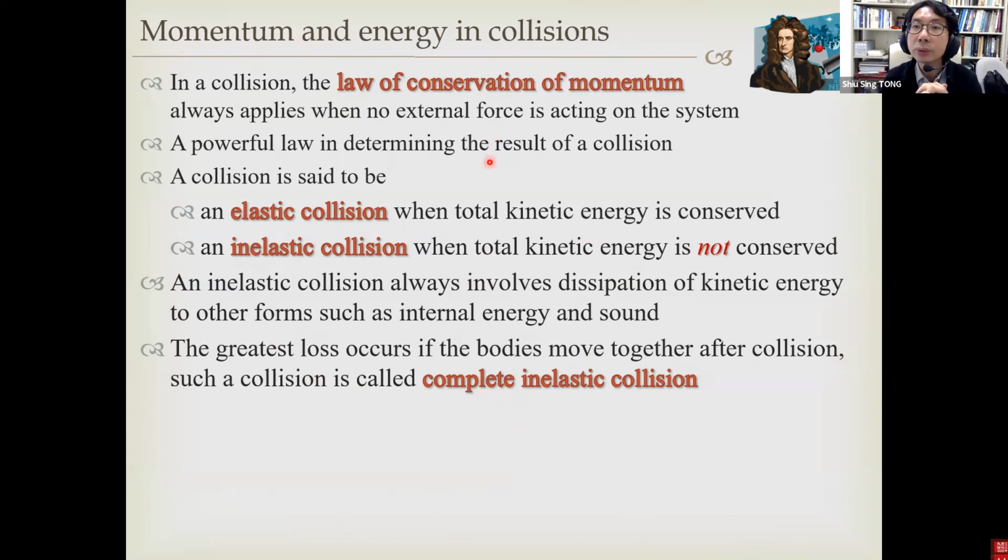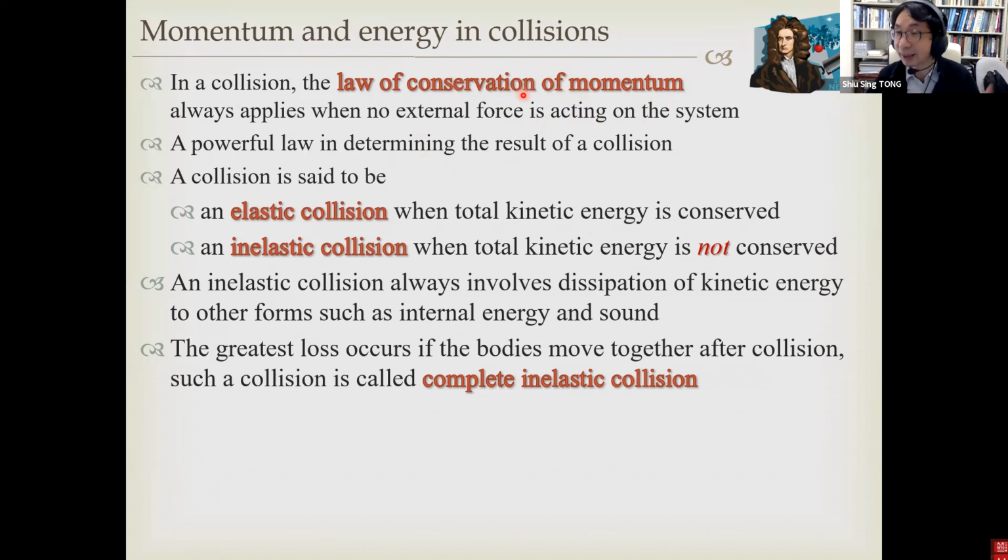Now there are two kinds of collision that are quite important in physics, called elastic and inelastic collision. For whatever kind of collision, as long as the bodies collide in the absence of external force, the law of conservation of momentum always holds.